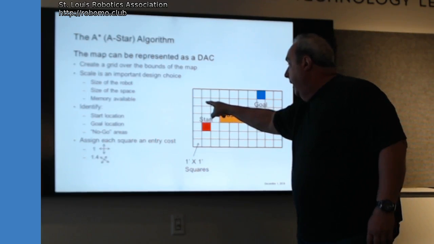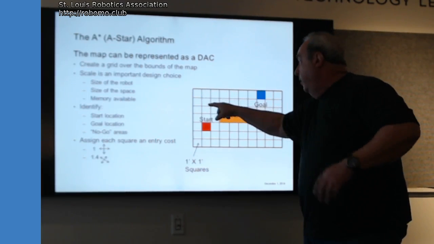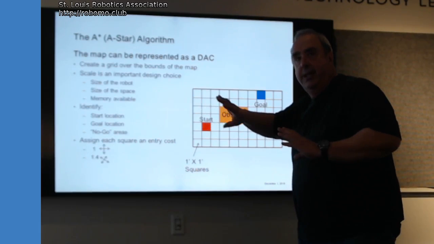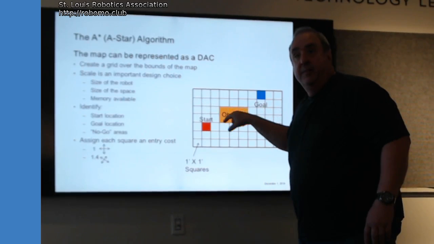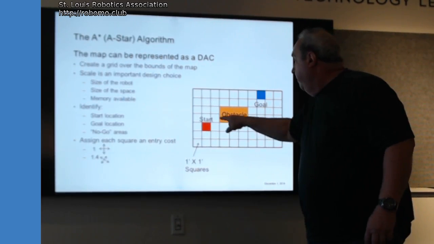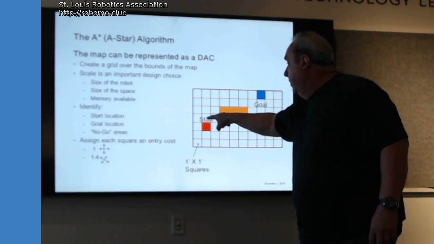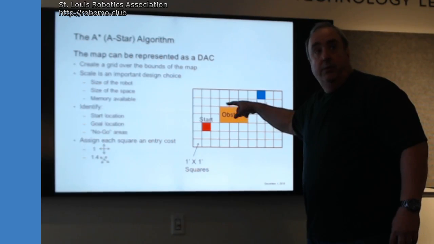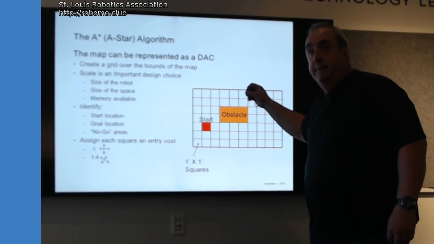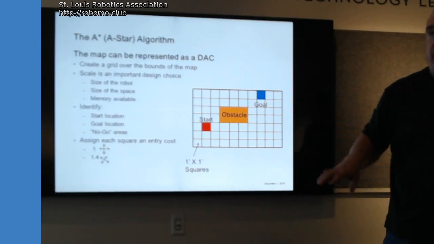So that node has child nodes, or next nodes down the list, of the surrounding neighbor nodes. This node has neighbors here, but the obstacle nodes don't exist. Okay, they're not part of the graph.